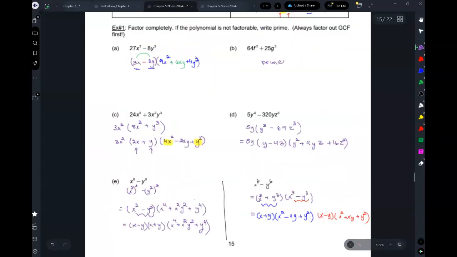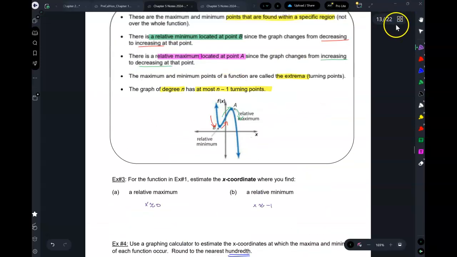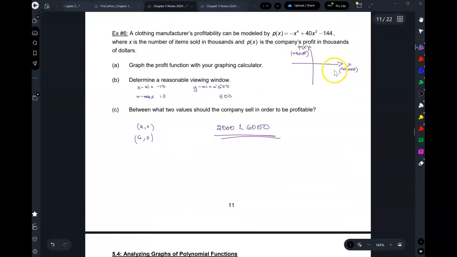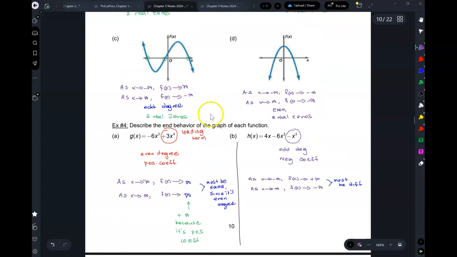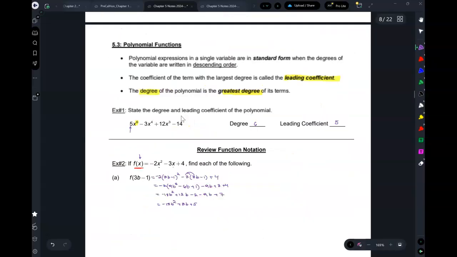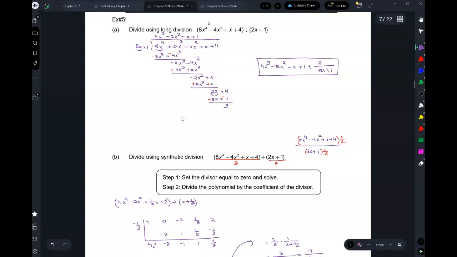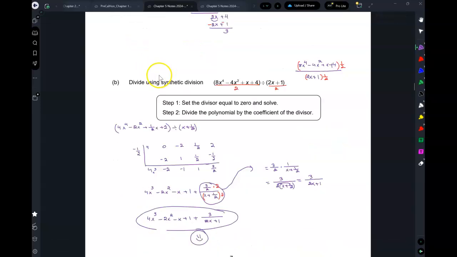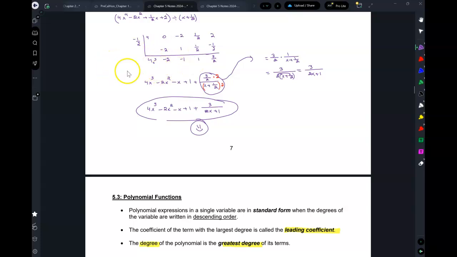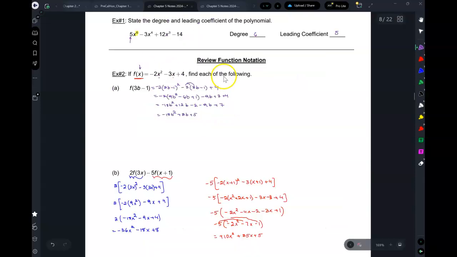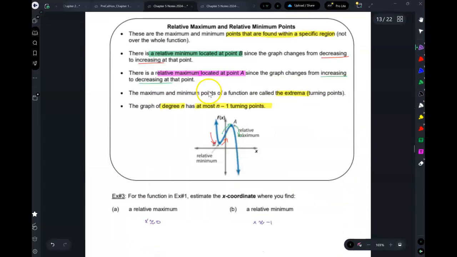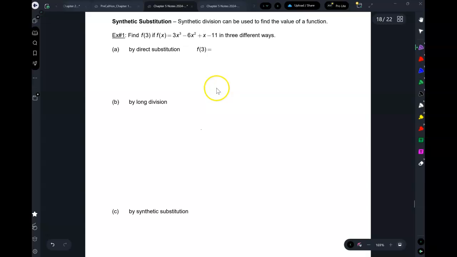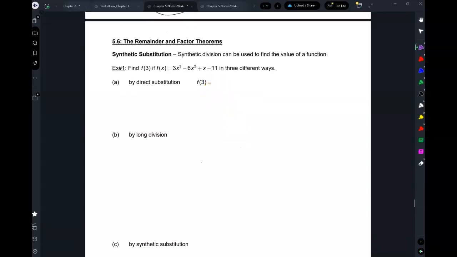Before that, if we review a little bit, we learned how to divide a polynomial by long division. And then we also learned synthetic division, okay? With synthetic division, we learned how to get a remainder and all that stuff. So we're going to revisit that right now. So take a look here.